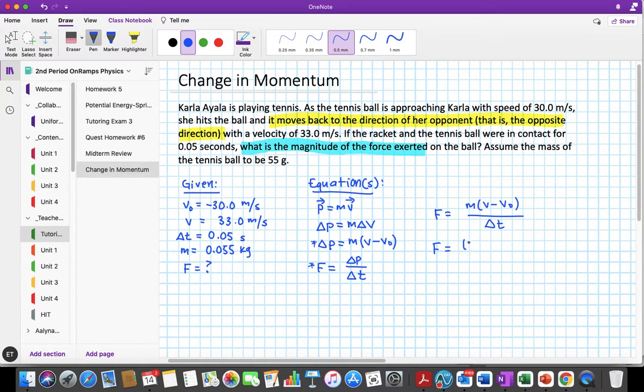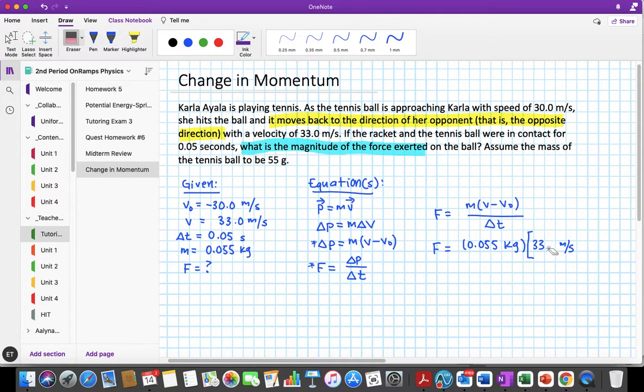Mass is 0.055 kilograms times, I'm going to need brackets. We'll see why. Times final velocity, 33 meters per second.